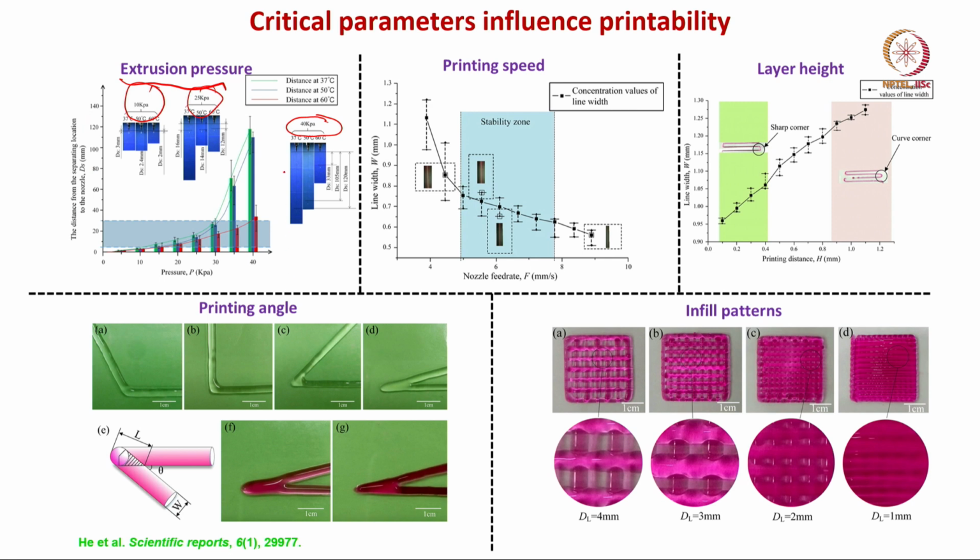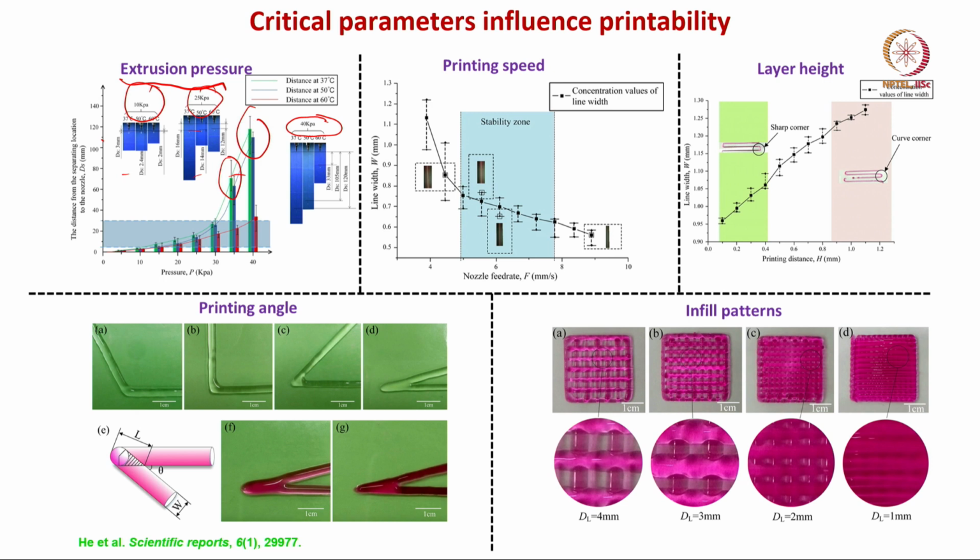When the filaments are being extruded, at what distance is this single strand filament broken, or in other words, what is the length of the stable filament once it is extruded. And around 30 to 40 kilopascal, the length is almost 80 to 100 millimeter. So, that is very good.